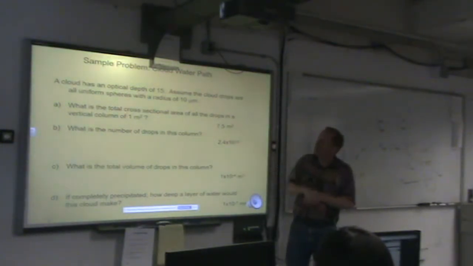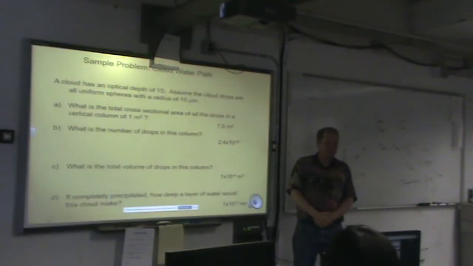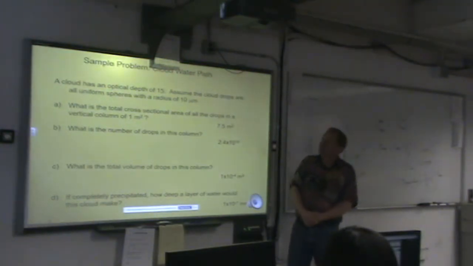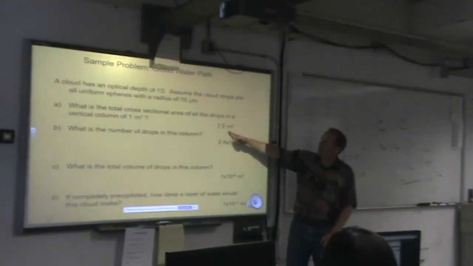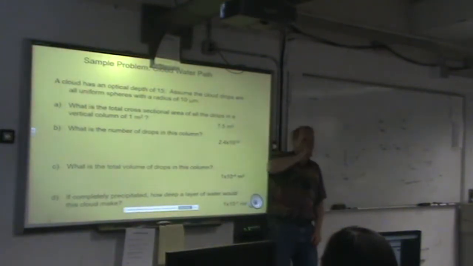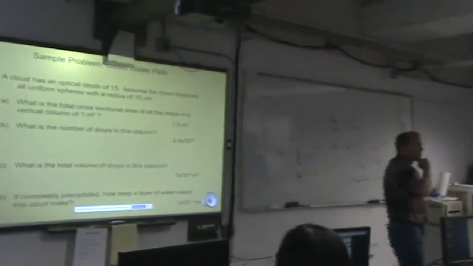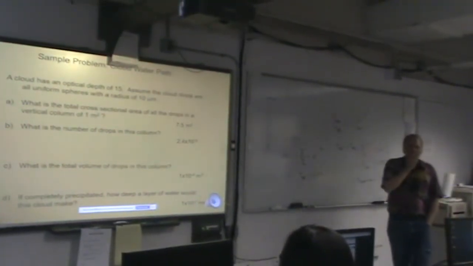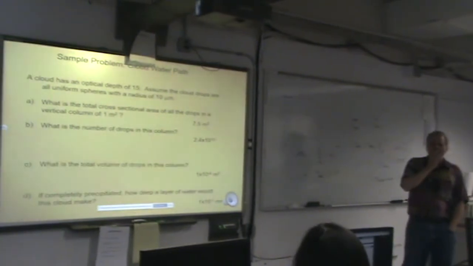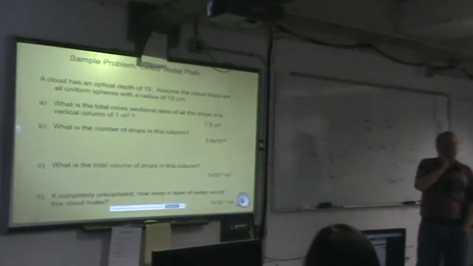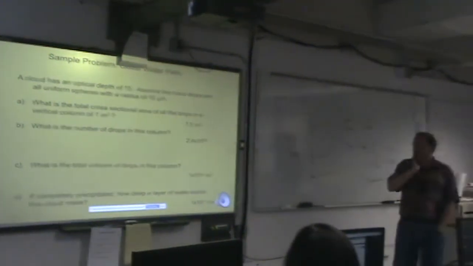Now, what is the number of drops in this column? Let's see if you can work that out now. So you know the total cross-sectional area, you know the radius of the drops. See if you can figure out the number of drops. And yes, I gave you the answer, but be able to work it out there.